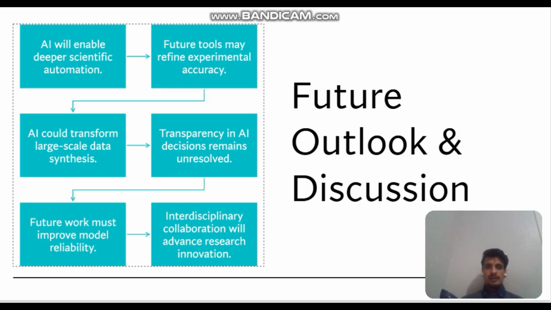AI could perform large-scale data synthesis. Like if nowadays AI uses thousands of data points and gives you the results, maybe in the future the AI can combine millions of data points and give you the results.